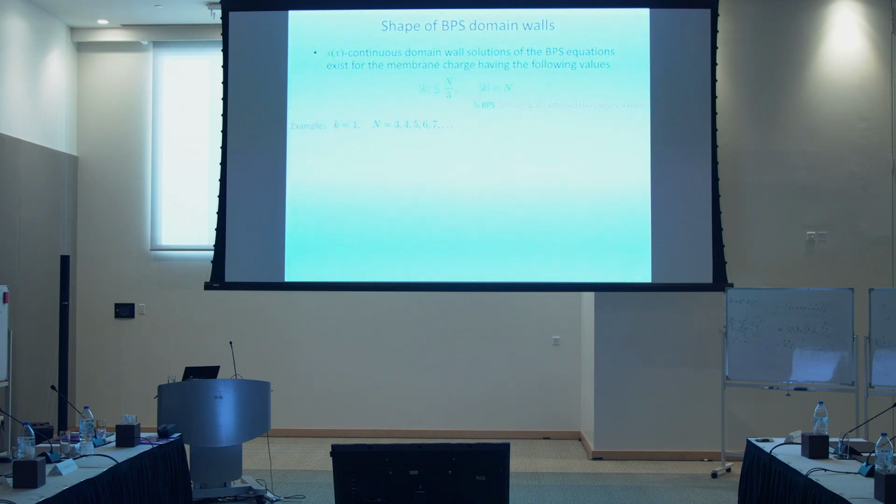The form looks the same, but as an example, let's take k equals 1 and n equals 3, 4, 5, 6, 7 here. Let me note that we did not find continuous solutions in this sense for the case of SU(2), where k is either 0 or 1.